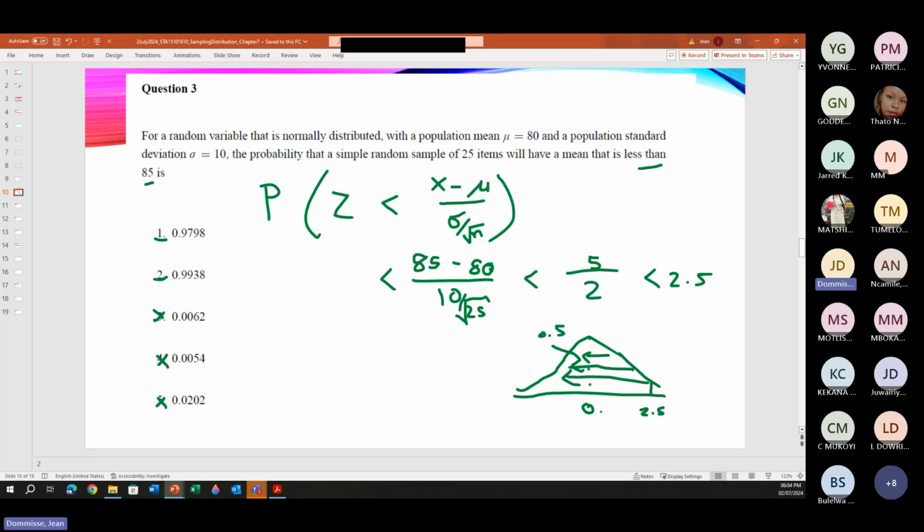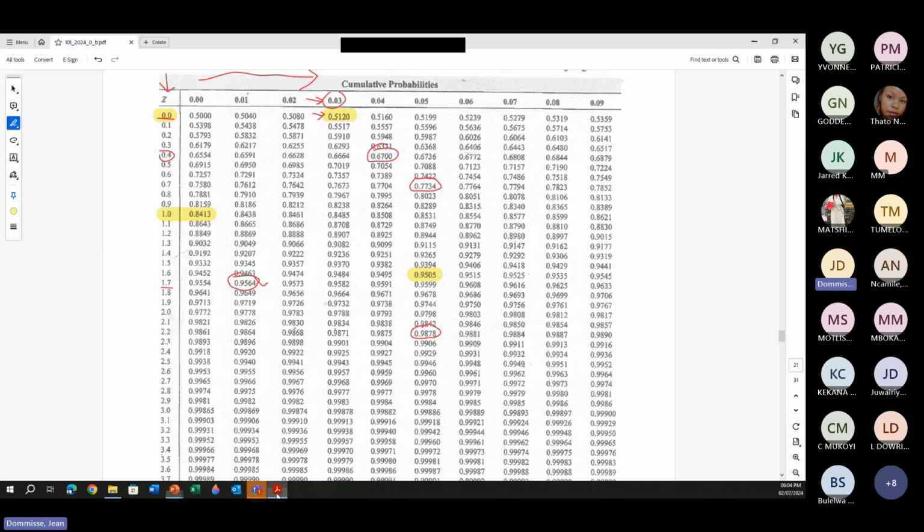So let's again use both tables. First, because we're looking for this area, which is nicely represented by the positive table, we can go to the positive table at 2.5, and we will see the answer that we're looking for is 0.9938.